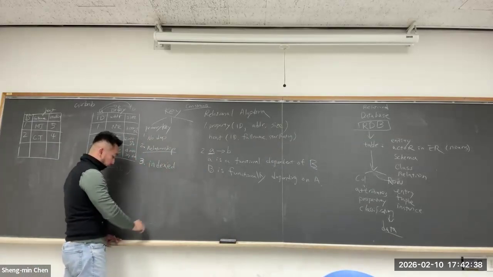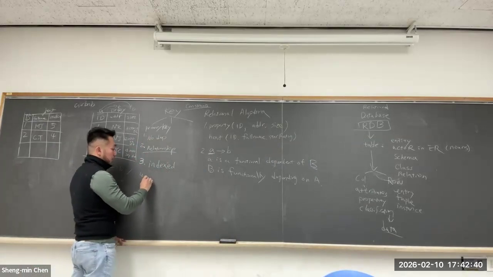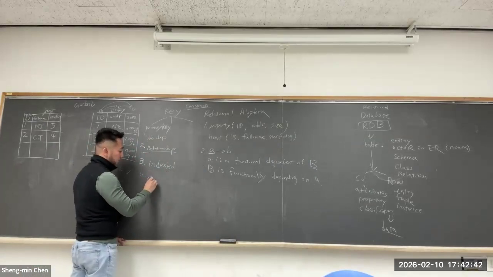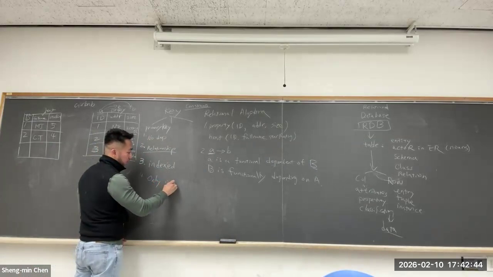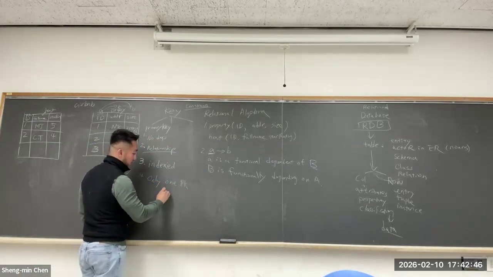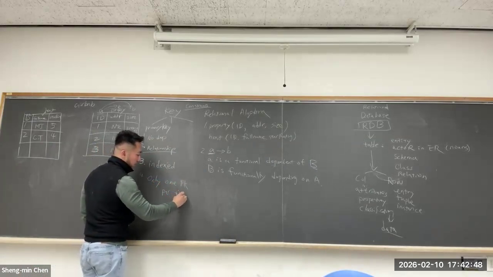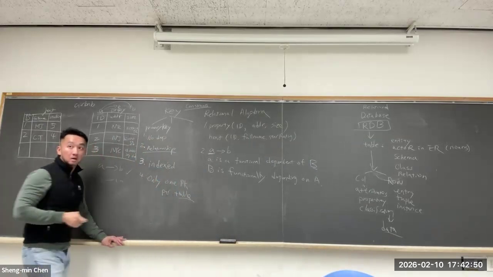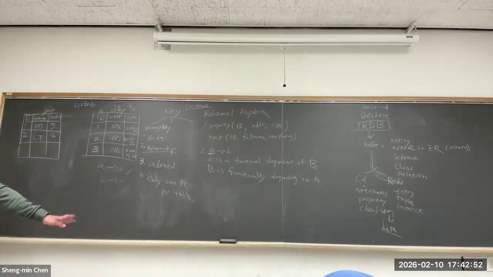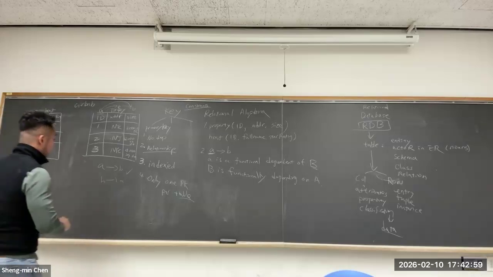It's an automated index. The fourth thing is there can be only one. One table can only have one primary key. Okay? All right.